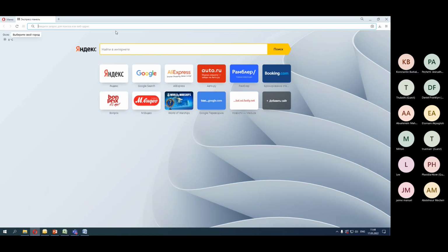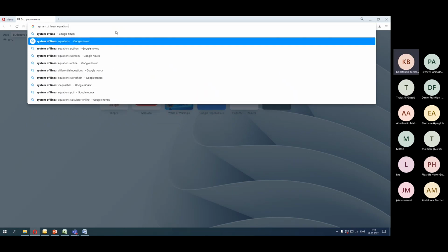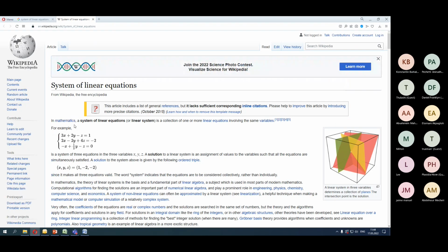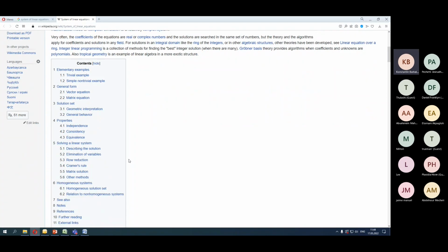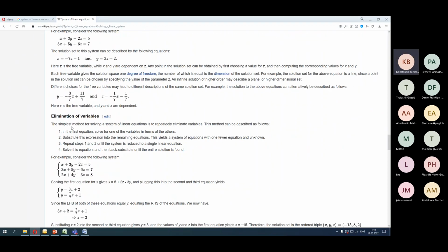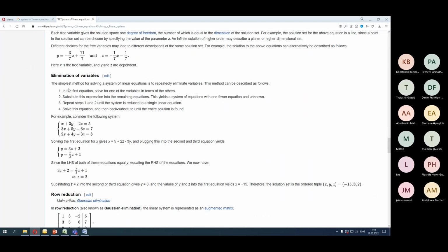So you can type in Google system of linear equations. You can find here a lot of examples for systems of linear equations, and maybe the simplest method is the Gauss elimination method.